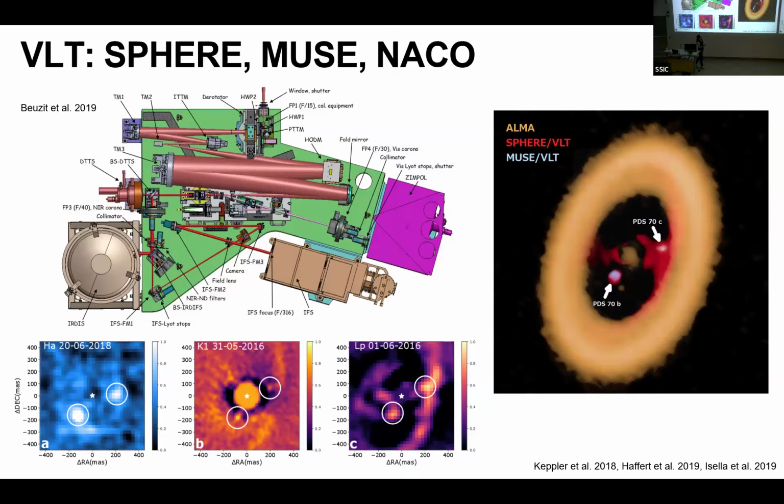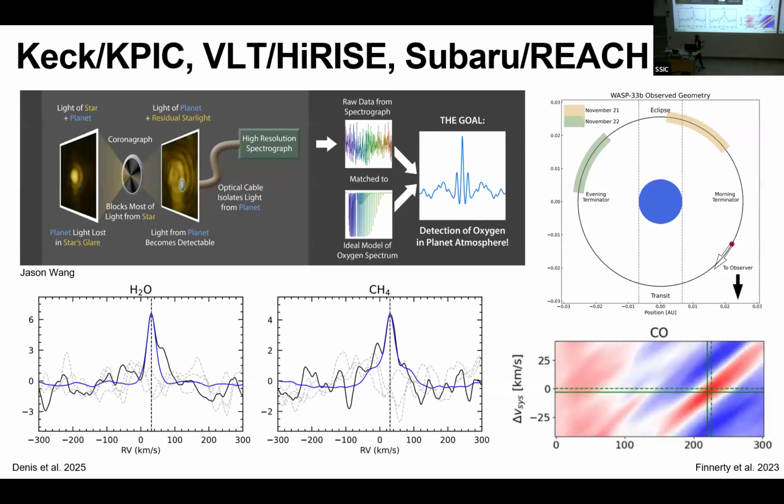So those are a few examples of imaging and low resolution spatially resolved spectroscopy on 8 to 10 meter class facilities. There are also ongoing instruments and upgrades to do high spectral resolution observations of planets on these large telescopes. So there are a few names of instruments that do this up here.